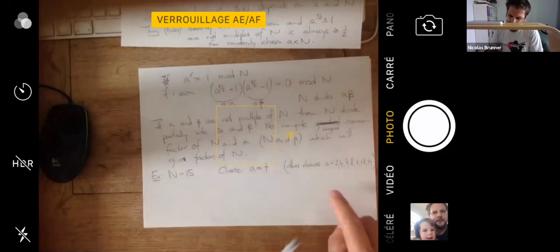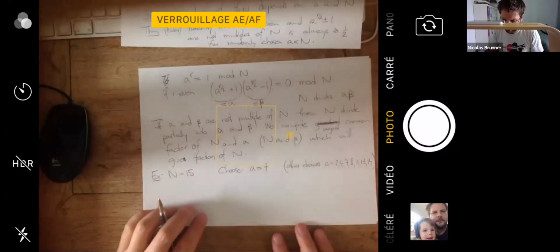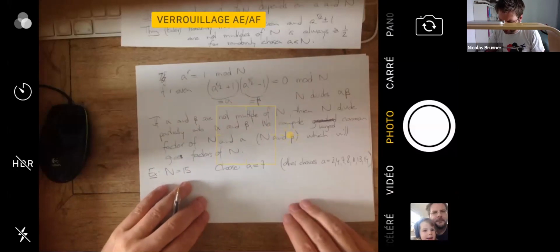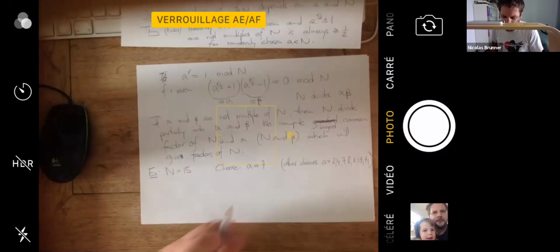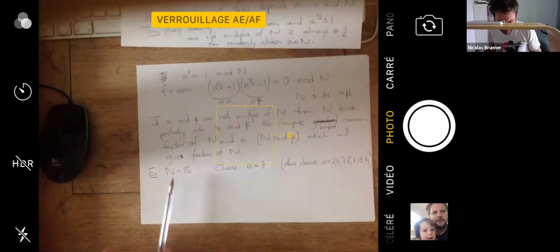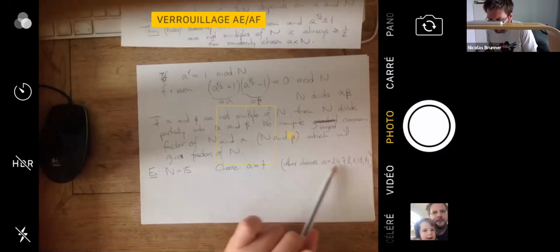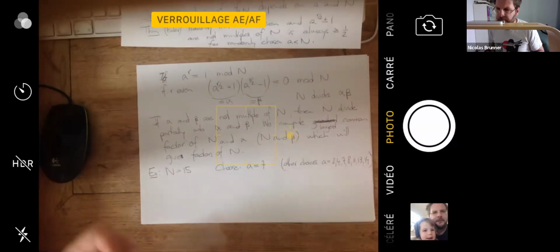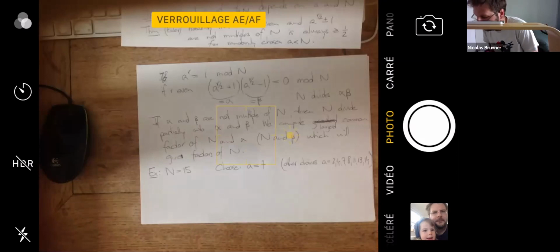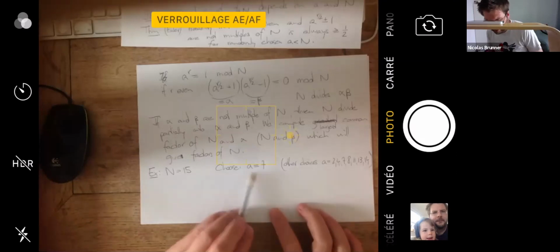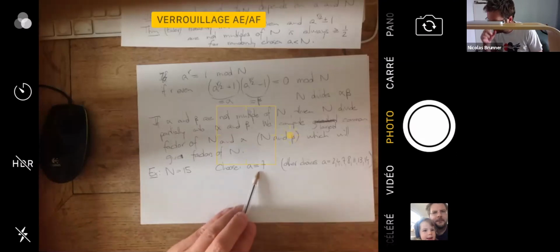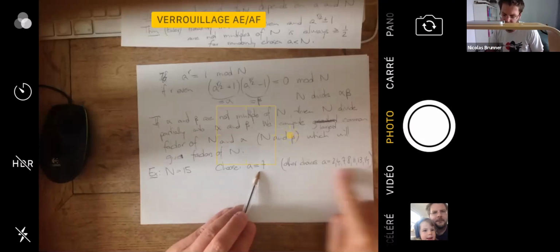Here we can even enumerate all the possible choices of a that are smaller than n and co-prime to n. However, not all of these would work in terms of having the period of the function be even and so on. We choose a equals 7 because 7 works, and among these at least half work.